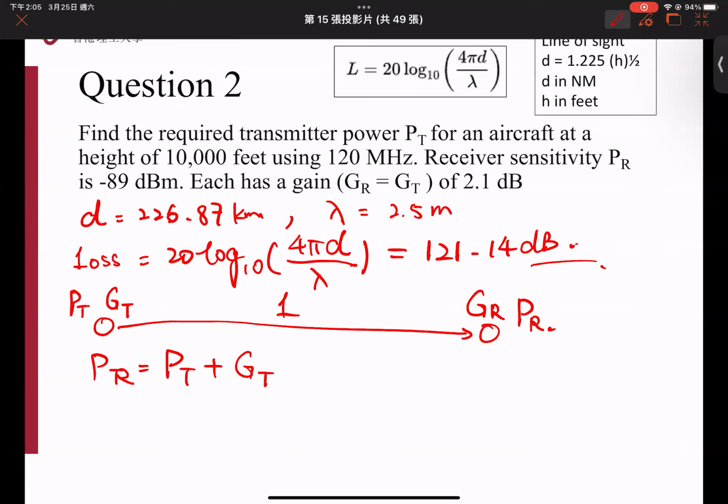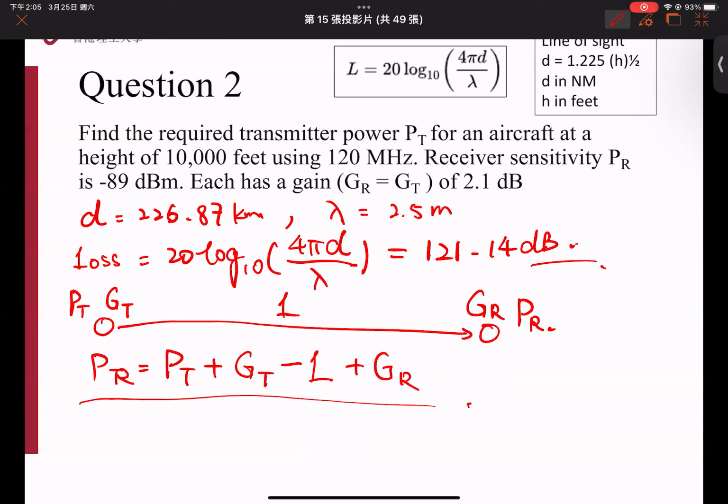So we pass this gain from the transmitter. Because the loss reduces the power, we minus this one. On the other hand, we also have another gain, which is passed to here. And then we get this equation, right?